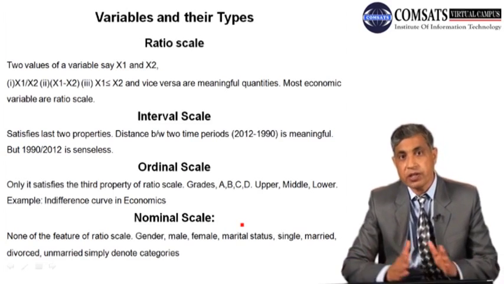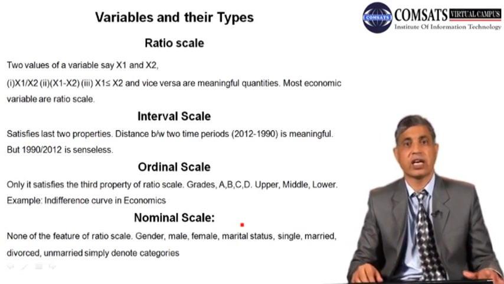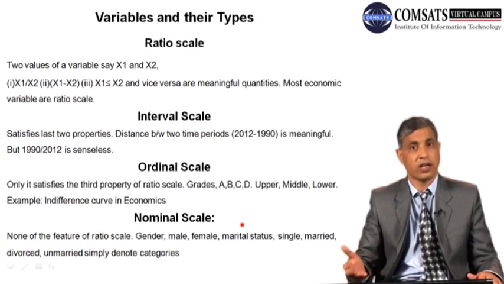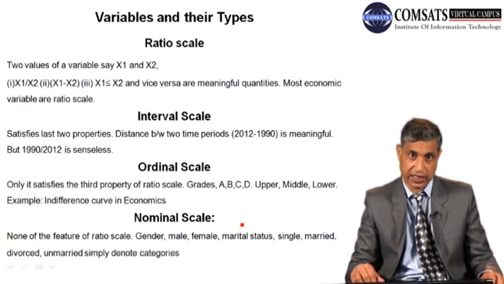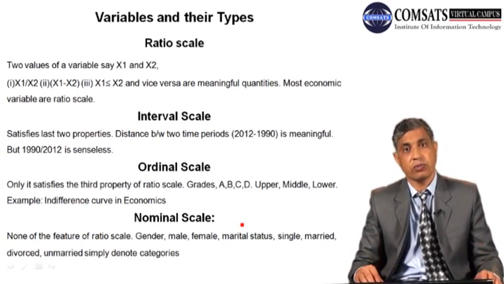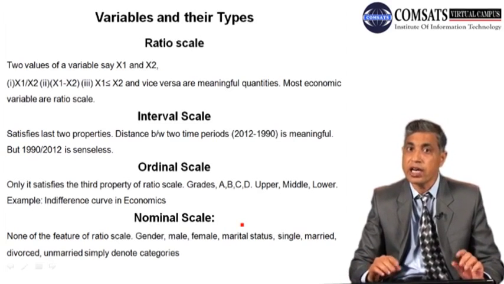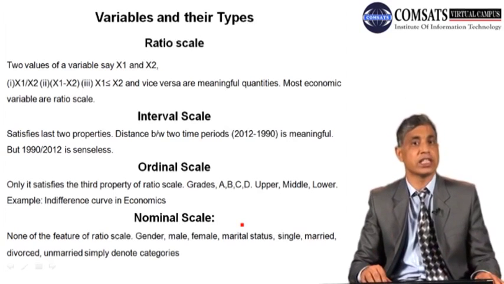These variables skip the first two conditions and only fulfill the last one, and I gave the example that grades are an example of this. Then there was the nominal scale variable, and what was the nominal scale variable? It showed that it doesn't follow any of the three conditions we discussed.